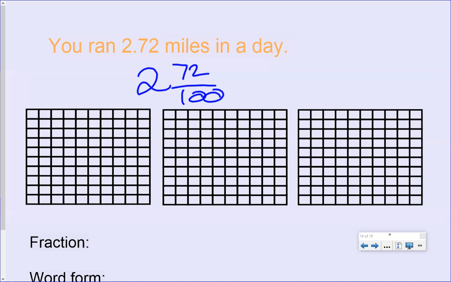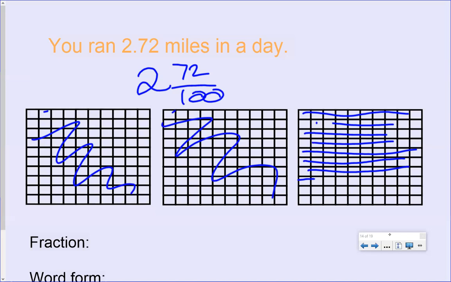Who can come up here and shade this grid correctly? I'm gonna have Lola pick since she was just up here. Lola, if you will choose somebody to come up and shade for us, please. All right, she completely shaded 2 of them because she has 2 whole miles, and 72 hundredths of the other.